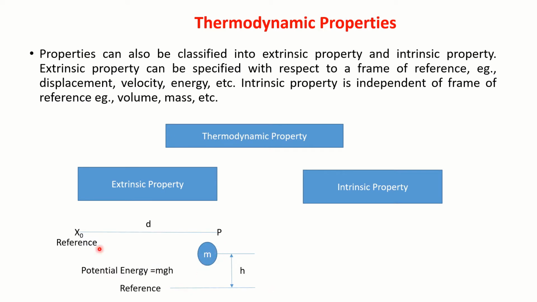Such properties which can be specified with respect to a frame of reference, we call extrinsic properties. And those properties which are independent of frame of reference, for example, volume, mass, etc., we call intrinsic properties.